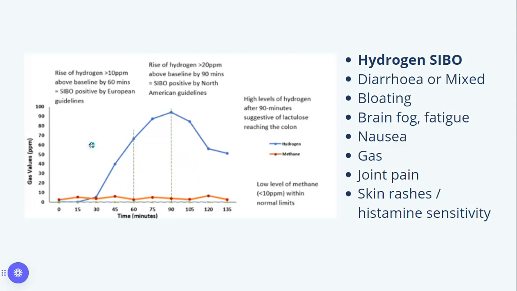Some people do have a bad reaction to lactulose. So you basically would drink a lactulose formula, and then your breath would be measured for reaction to hydrogen and methane for 90 minutes afterwards. So hydrogen-based SIBO usually presents with diarrhea or mixed constipation and diarrhea.